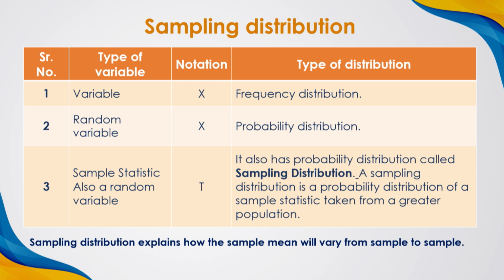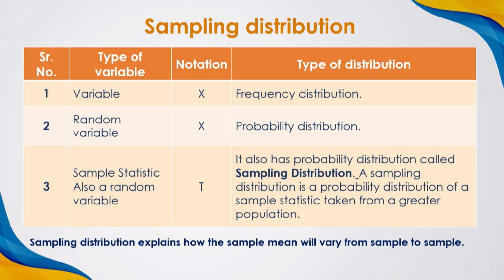Therefore, as a researcher, he has to come across 3 distributions in the course of study. When the variable is ordinary variable, then frequency distribution. If the variable is random variable, we have to go for probability distribution.